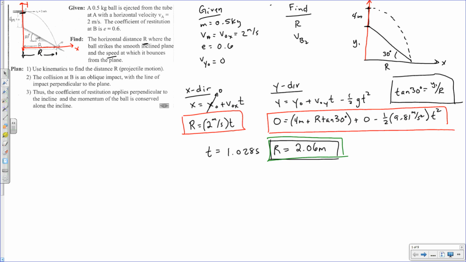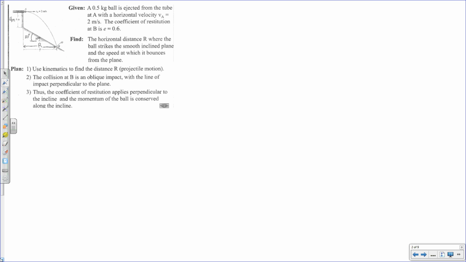So if I were to consider drawing a larger diagram of what's going on here, we recognize that the ball at one point is going to be striking the ground at some angle and then bouncing off from the ground itself.